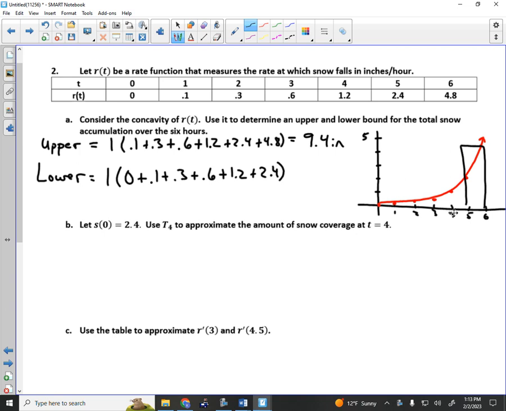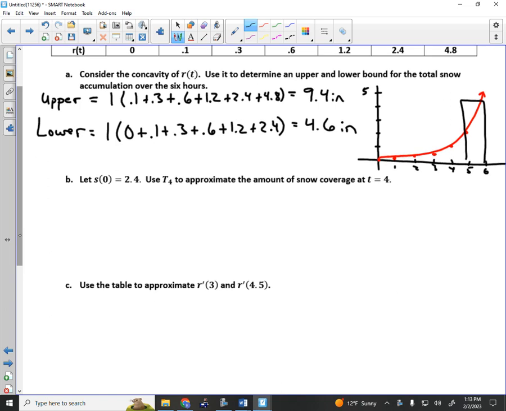And so if you take off that 4.8, 4.6. We all good with that? Good. So it would be reasonable to say that at least 4.6 inches have fallen, but no more than 9.4 inches have fallen, right? So, you know, you might try to go for the middle there.